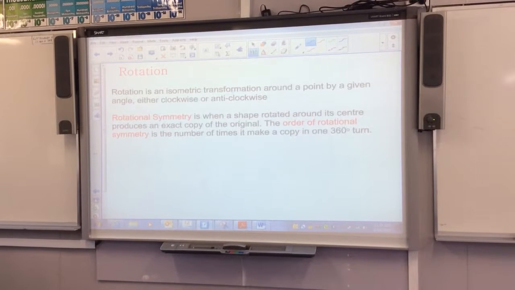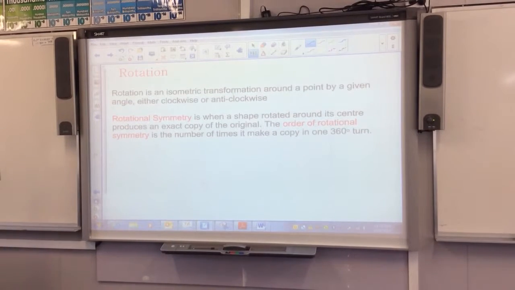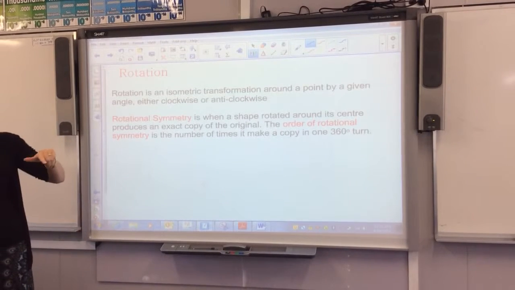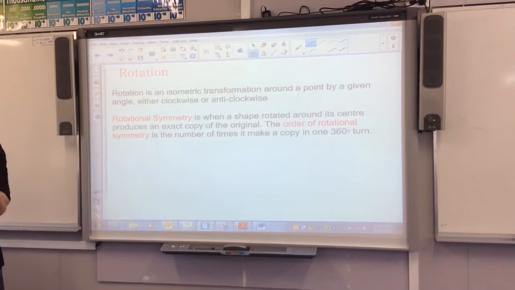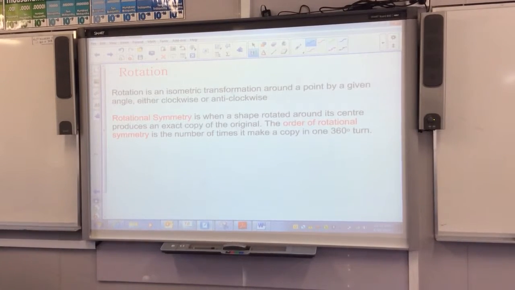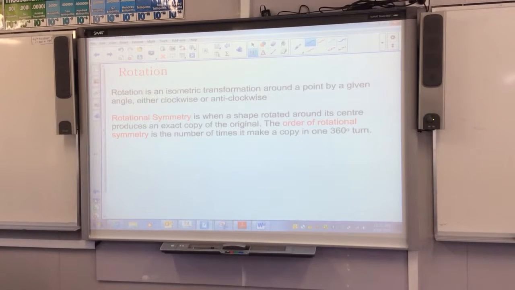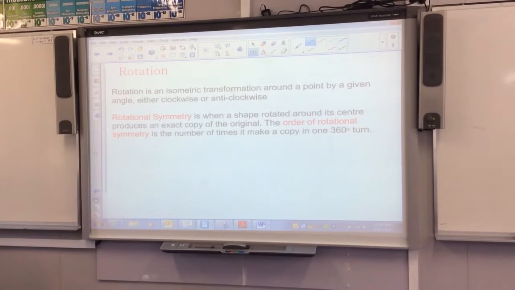That gives you the order of rotational symmetry. For example, a circle always looks exactly the same, so it has infinite rotational symmetry. Whereas other shapes won't look the same until I get back to the beginning, so they have order of rotational symmetry 1.